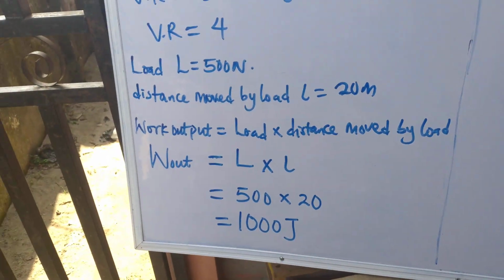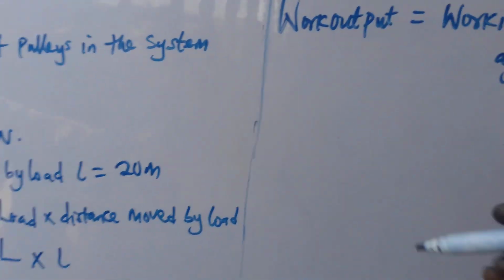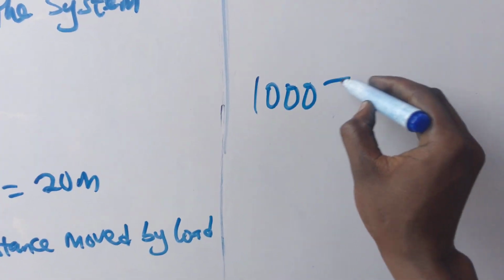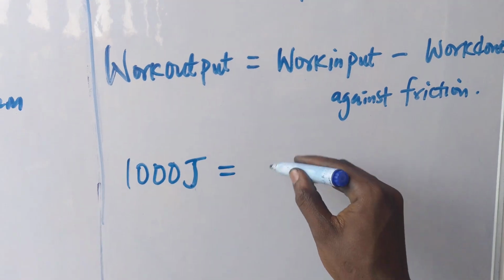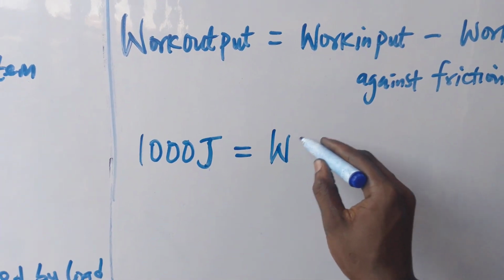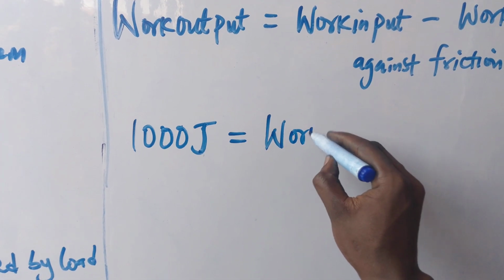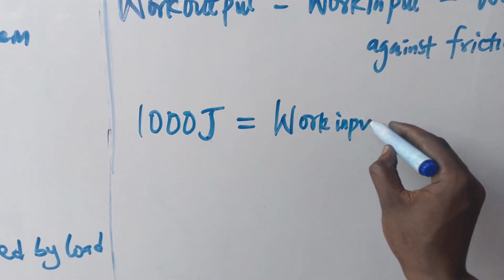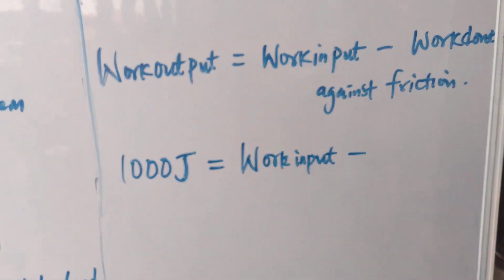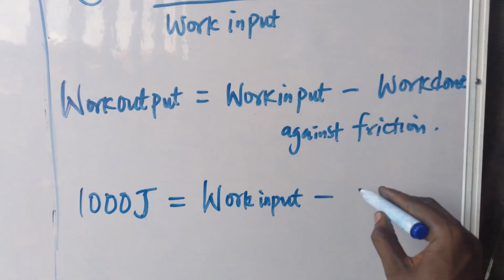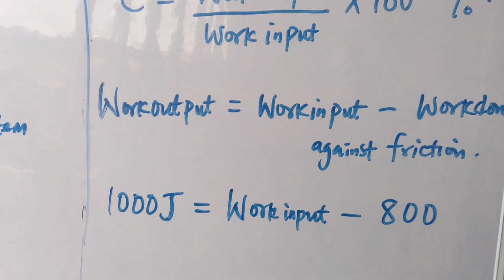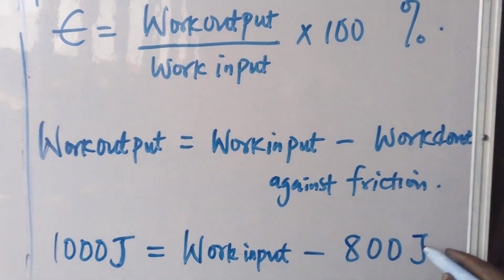So this is 1000 joules equals the work input, which is unknown for now, minus the work done against friction, 800 joules.